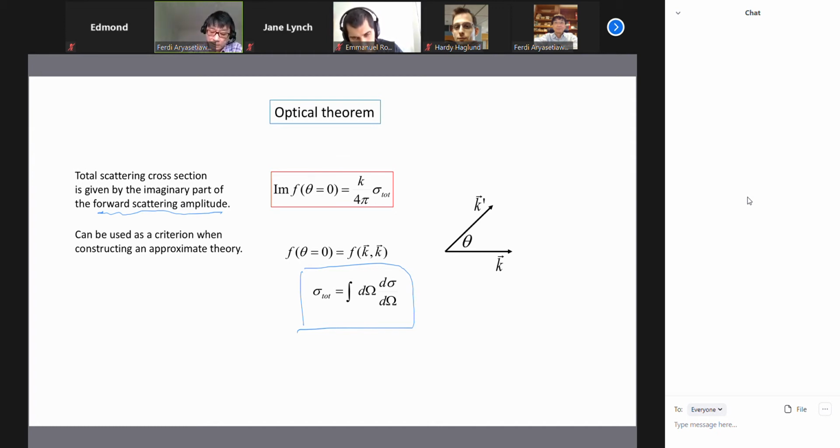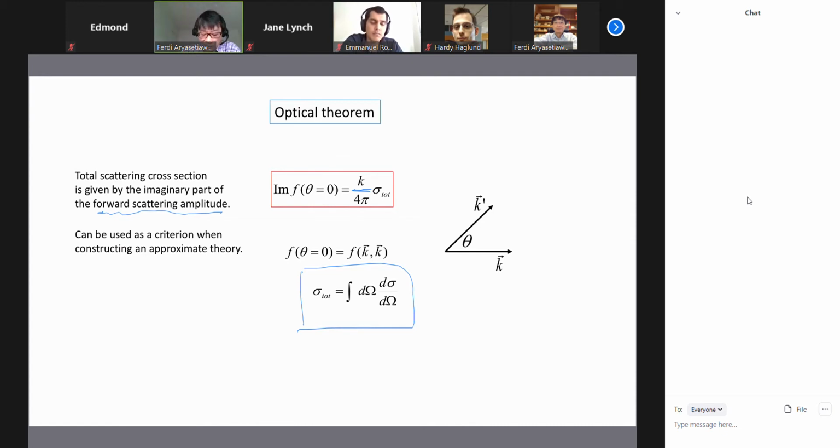So this sum rule, or in this case, the optical theorem, can be very useful as a kind of check. If we have an approximation, then we can use this theorem to see if your approximation is good enough.